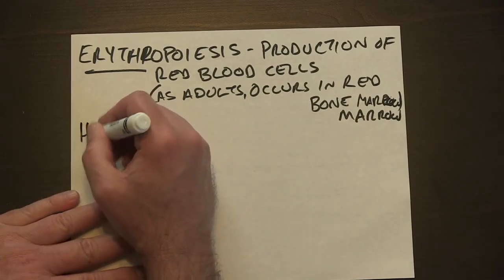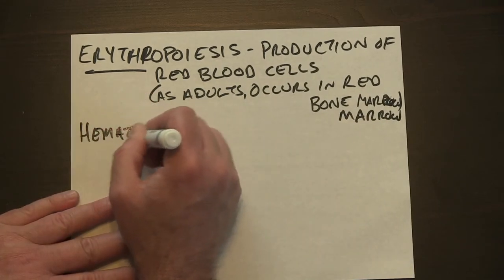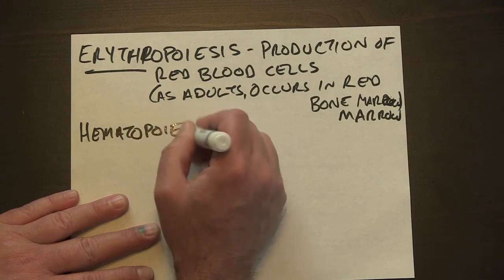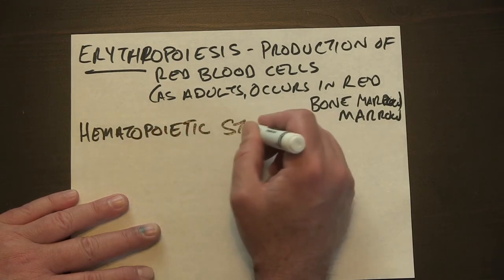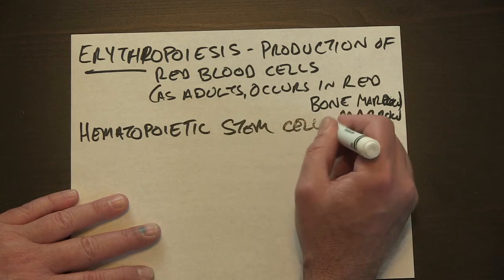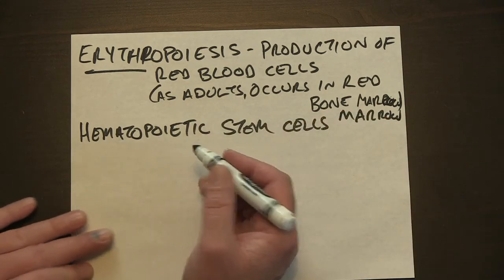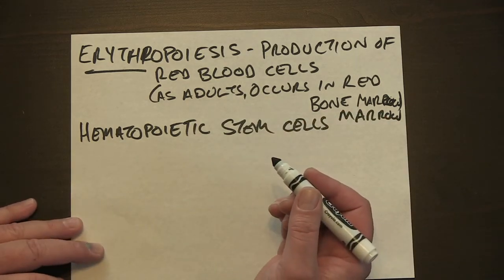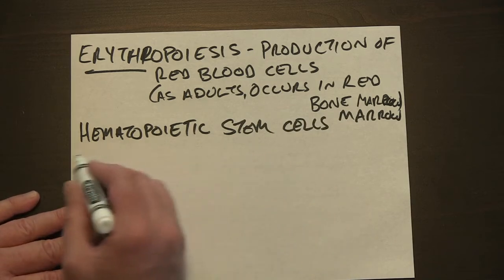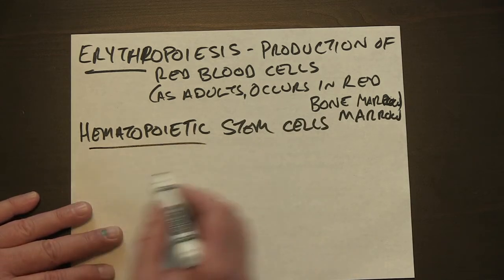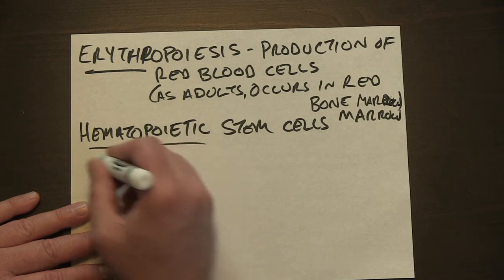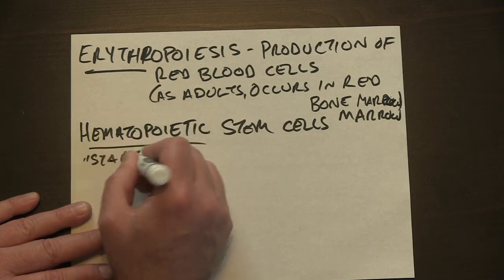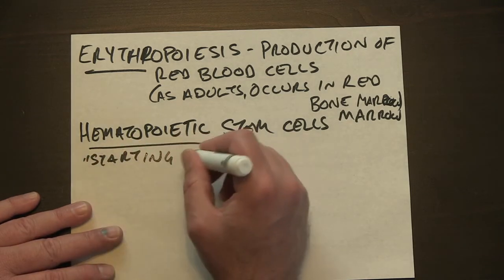They're called hematopoietic stem cells, and they're also called hemocytoblasts, but take your pick. I prefer this, even though it's a very odd spelling. So this is basically the starting point of red blood cells and white blood cells.